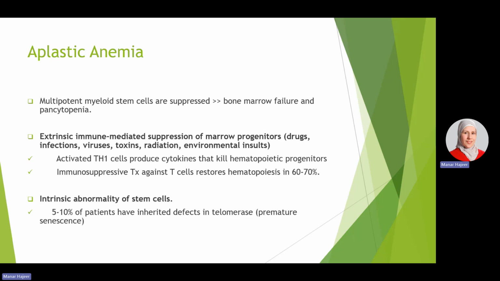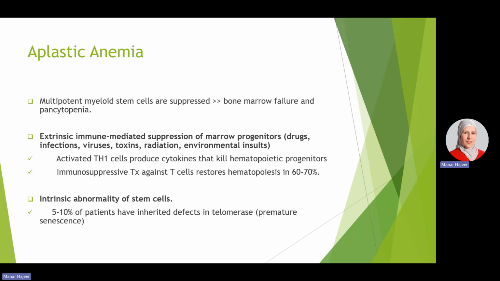In 5 to 10% of patients, there is an intrinsic abnormality of stem cells and inherited defects in the telomerase enzyme. This will lead to progressive shortening of the telomeres in their chromosomes or DNA and premature senescence, meaning the cell ages faster and then dies.